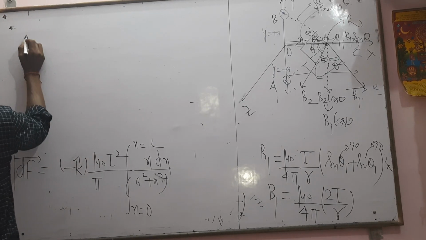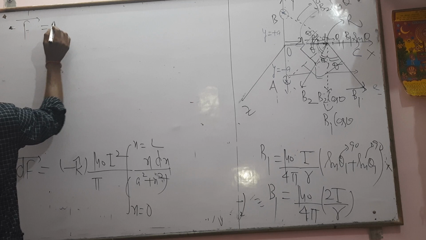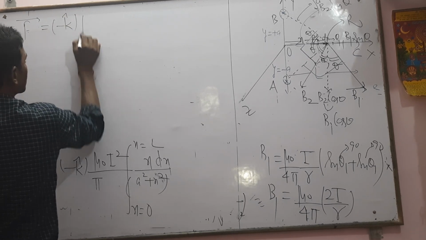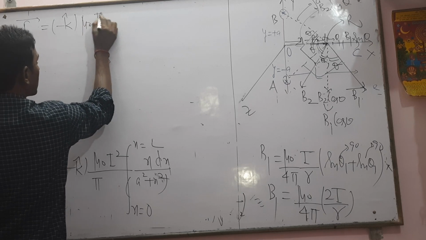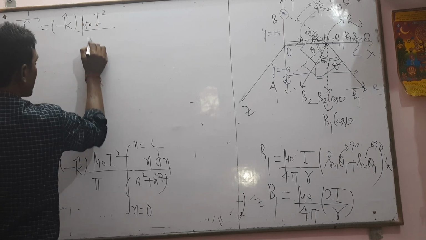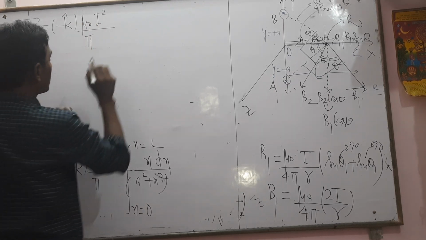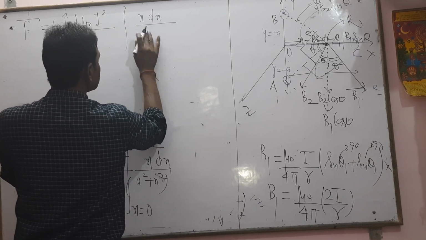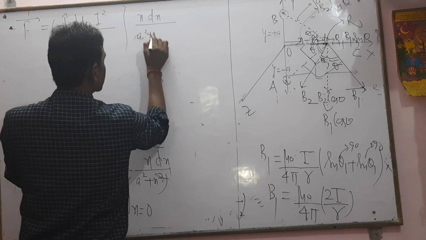So integration of dF, which equals F vector, equals minus k cap into mu naught i square divided by pi, integration of x into dx divided by a square plus x square.